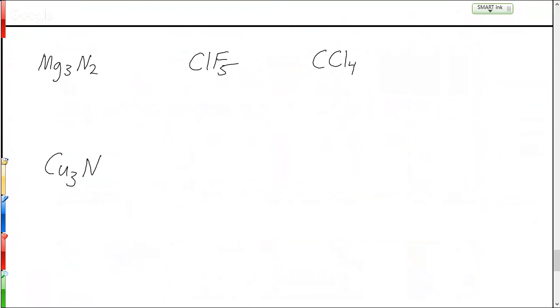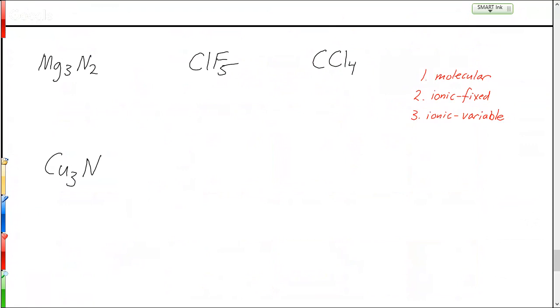All right. So here's 4 more. Take a few minutes, and before you actually write the name, I want you to write what category it is in. And here are your 3 choices for categories. 1, it's molecular. 2, ionic with a fixed charge. 3, ionic with a variable charge.